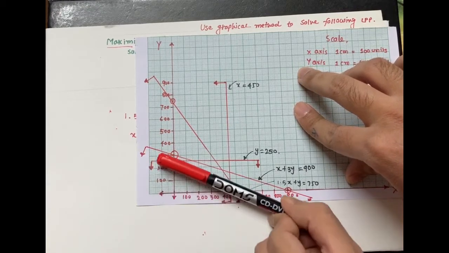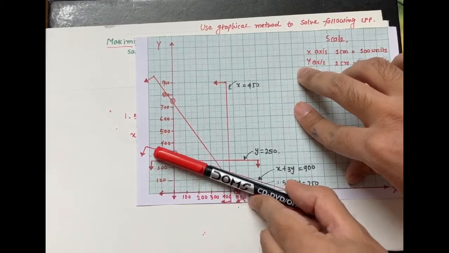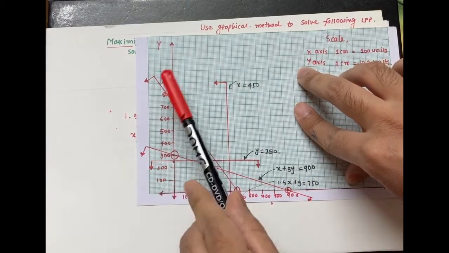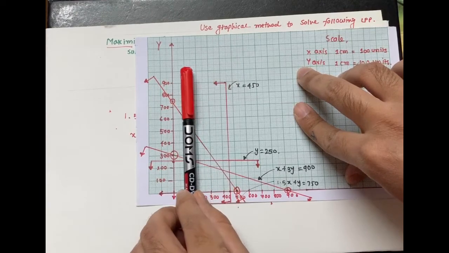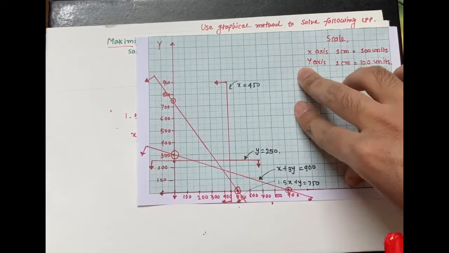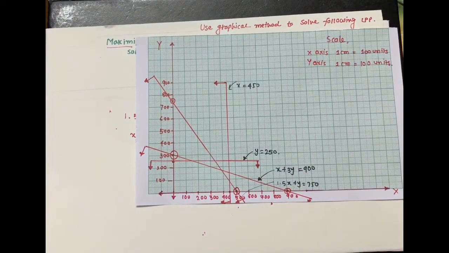The second line states that the combination of x and y should be less than this. The third line states that x should be less than this, and the fourth states that y should be less than 250. So what is the feasible solution?